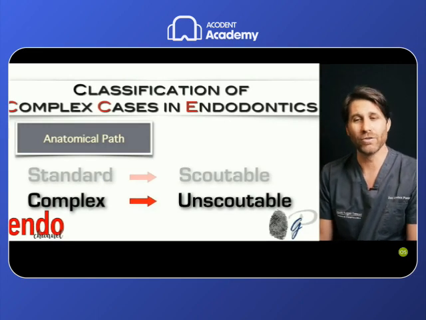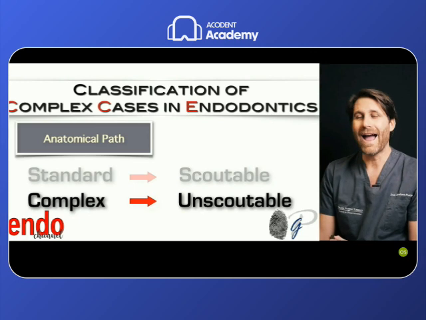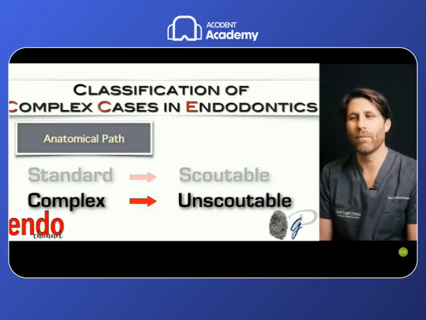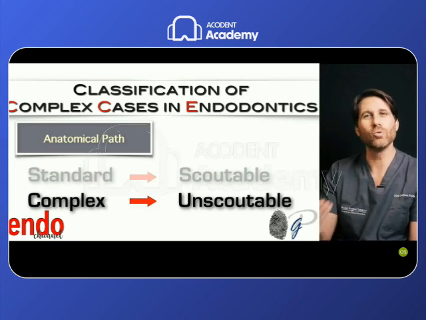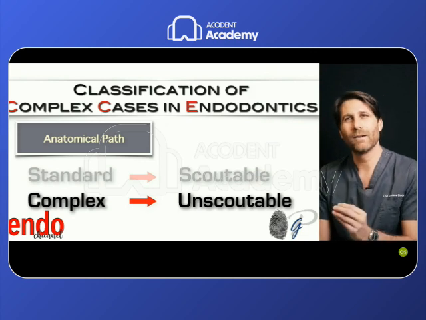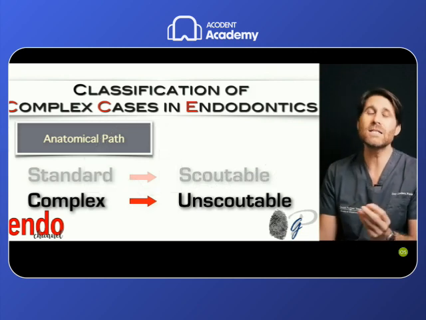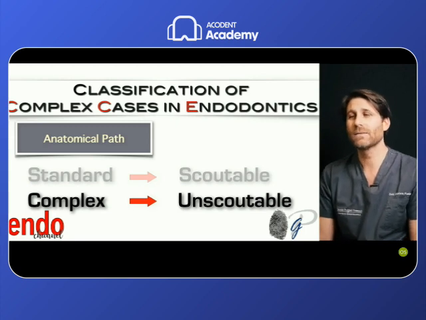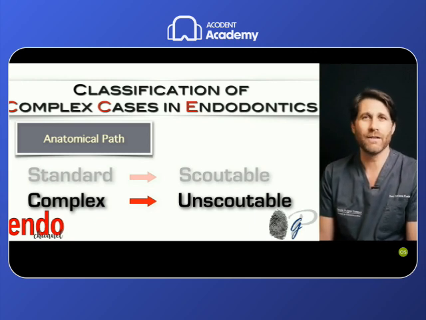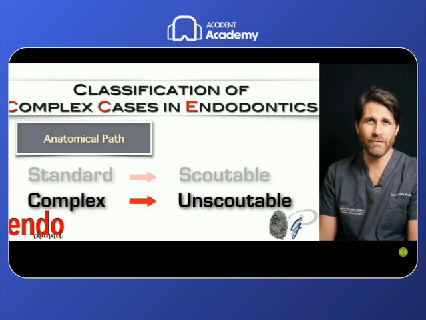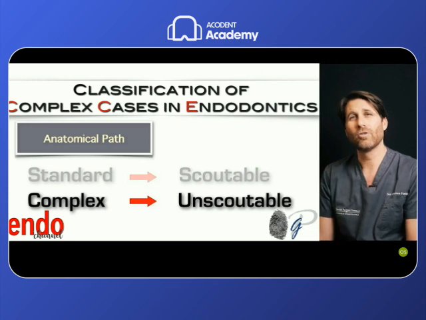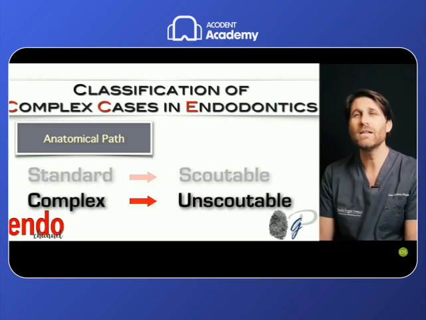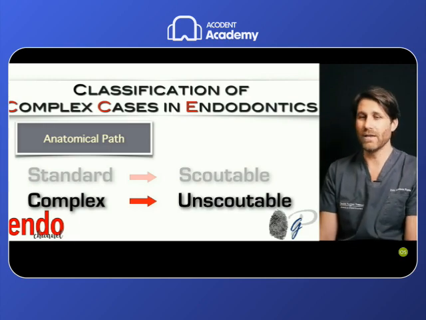So in my classification of complex cases in endodontics, the initially unscoutable anatomical path means that we are in presence of the real complex cases in which the clinician has to do something different to perform these difficult treatments, because the instruments that we have today on the market permit us to prepare standard canals with scoutable anatomical path in an easy, fast, and efficient way, even if they are very curved or very difficult anatomy, as we have seen before. But when we have not scoutable anatomical path, even if the canal is not very curved, this is the real complexity that we have to face.